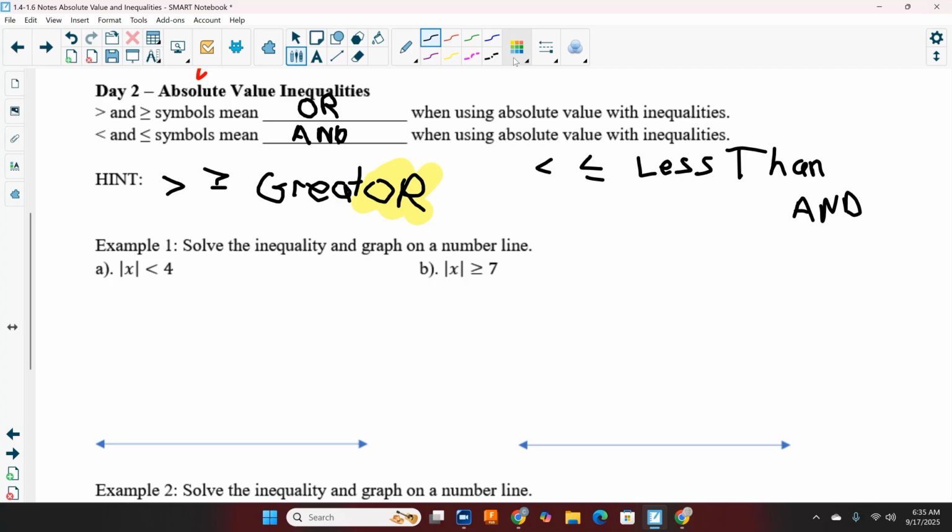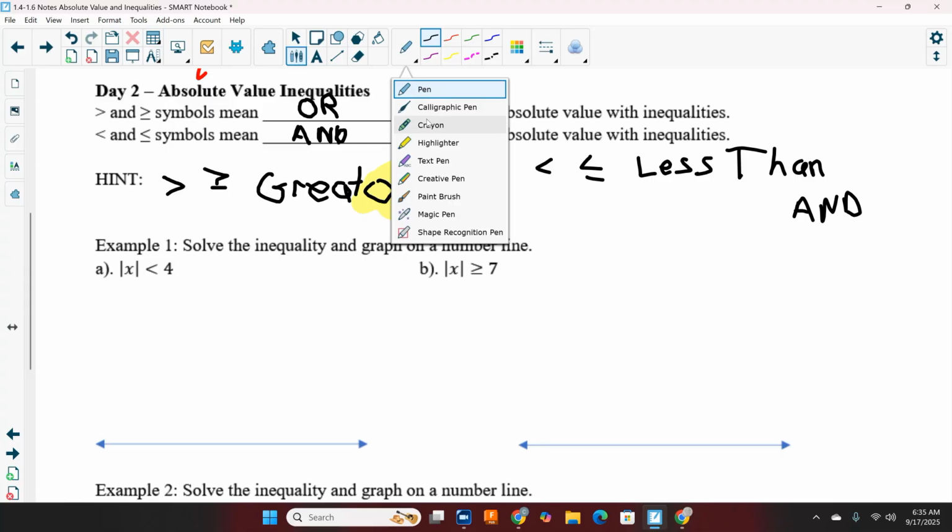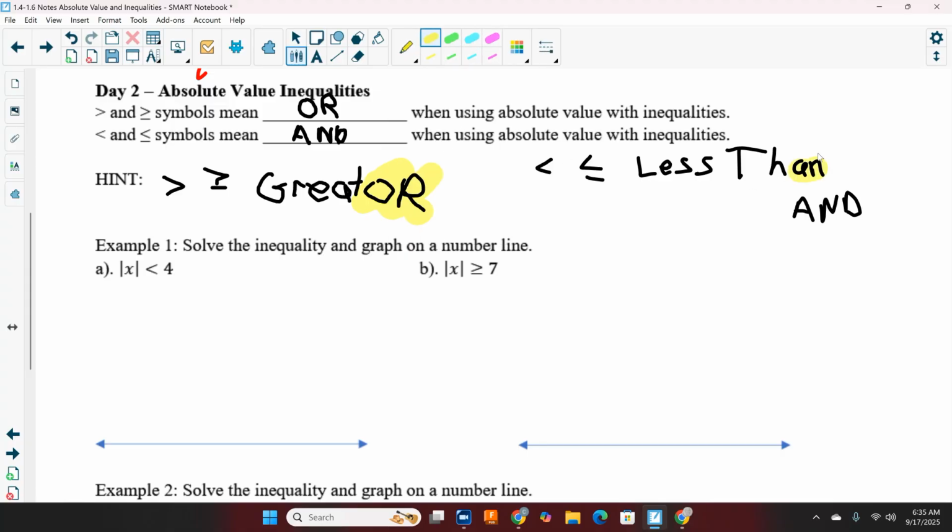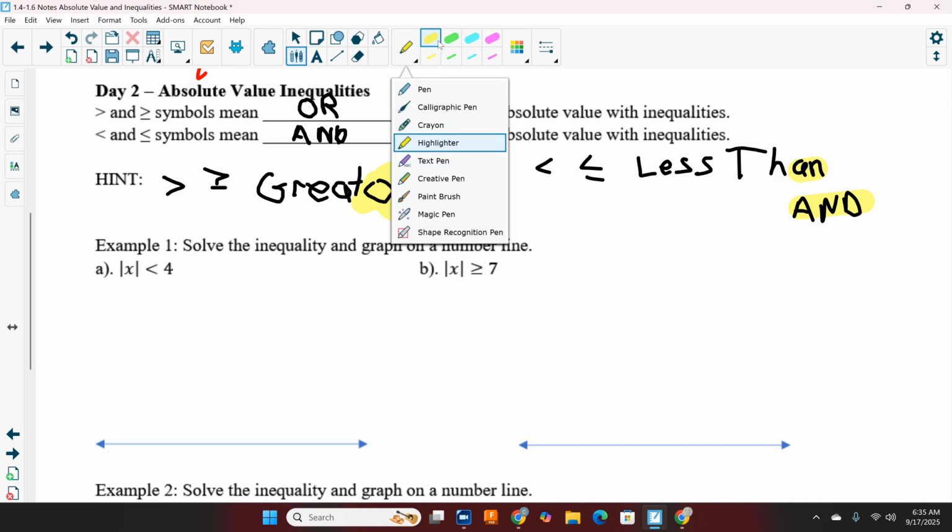Sometimes, when you're writing music or poetry, you're trying to make things rhyme. Greater is an or, less than is an and. They sound close enough. So just like before, when we have an absolute value equation, you're going to end up with 2 inequalities.